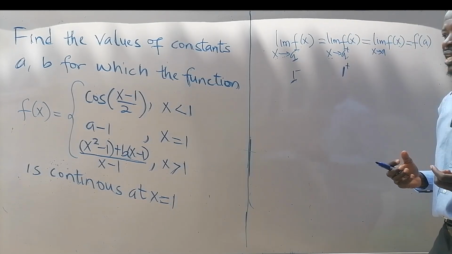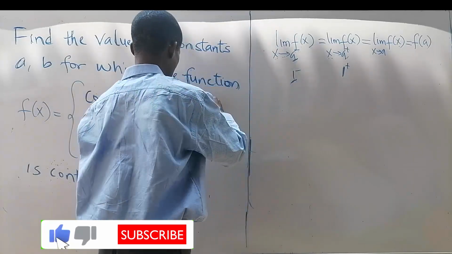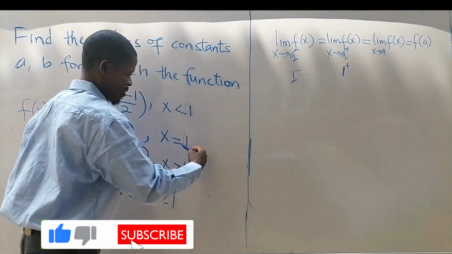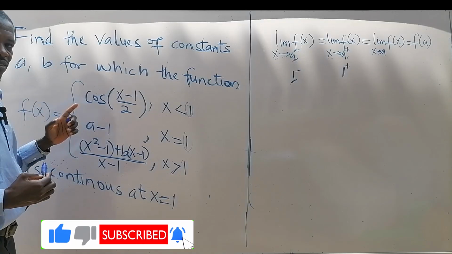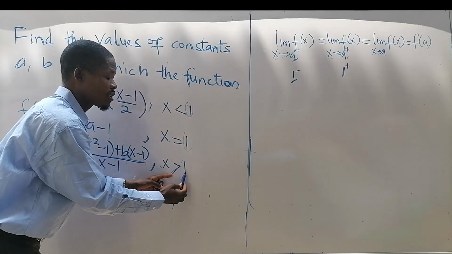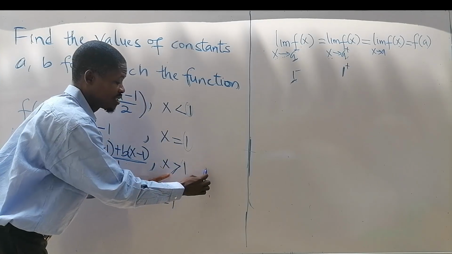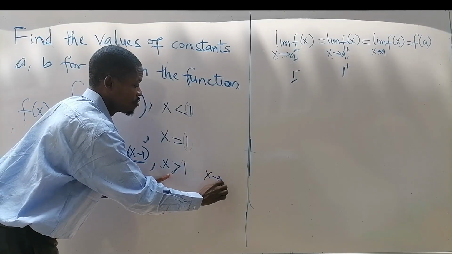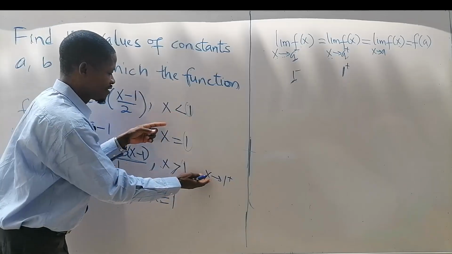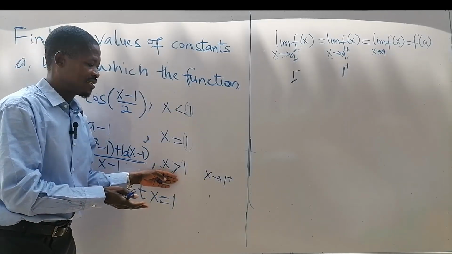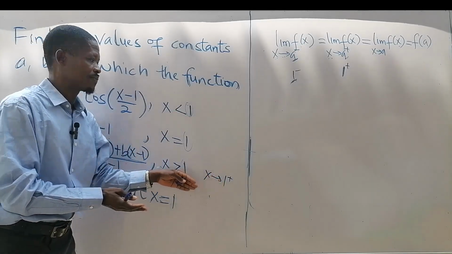The first thing we look at: all the values here are the same, 1, 1, 1. But for clarity, here x is more than 1, so this is where x tends to 1 plus, and this function gives us the right-hand side of the limit.